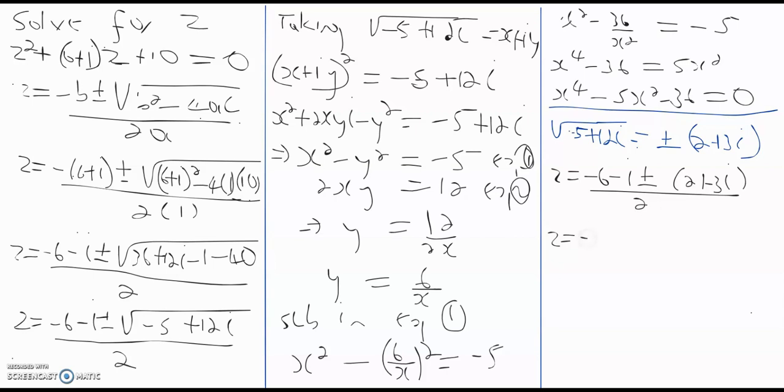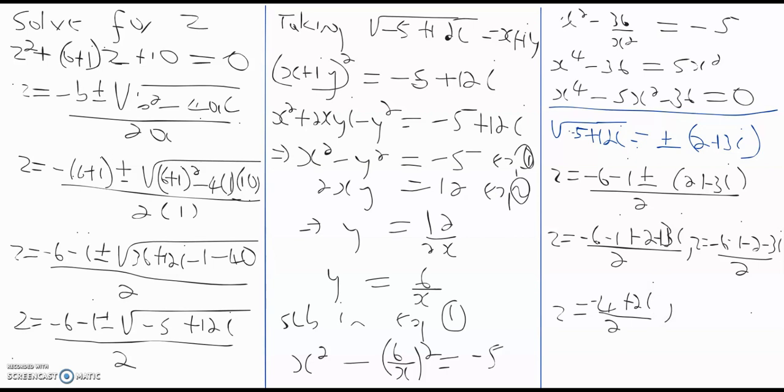So we're going to have negative 6 minus i, let me go with plus first, plus (2 plus 3i) over 2, or we can have negative 6 minus i minus (2 plus 3i) all over 2. So this breaks down to negative 6 plus 2, that is going to give me negative 4. And you have negative i plus 3i, that's plus 2i, over 2.